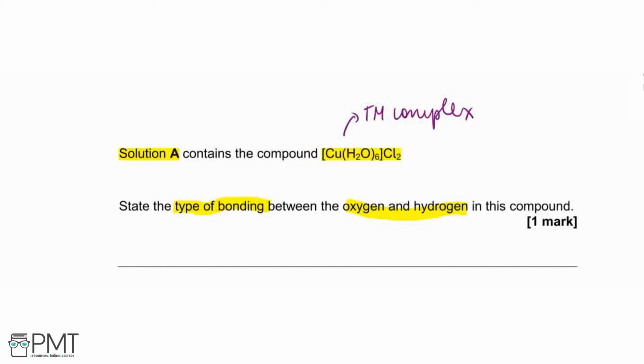So we're looking at the water part of this compound, and if we've got a water molecule shown here, this is going to be bonded via a coordinate bond to the copper ion for this transition metal complex. Therefore, the type of bonding between the oxygen and the hydrogen in this compound is going to be covalent.